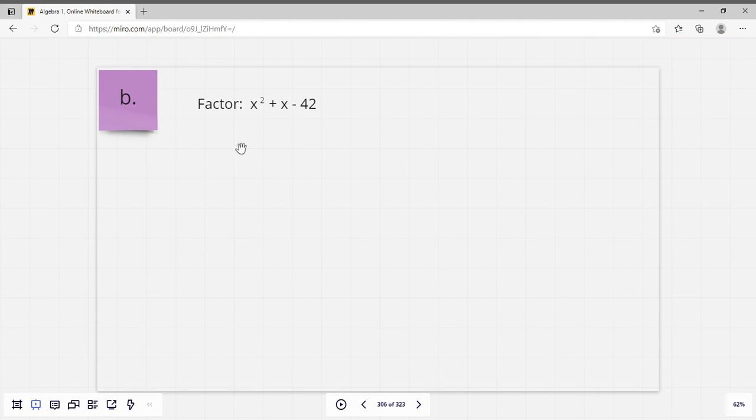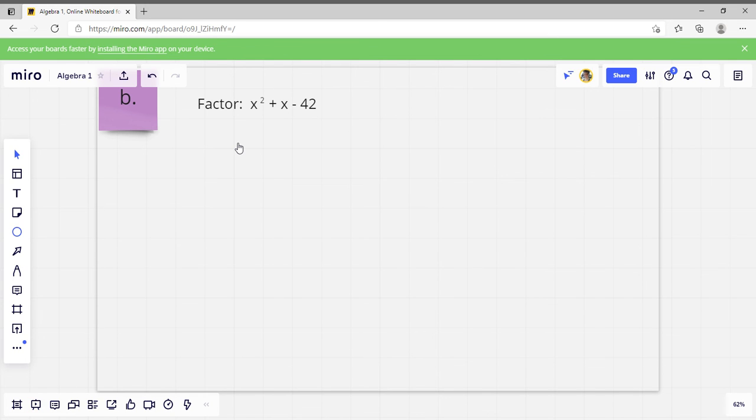Okay, this one. All right, so that is in the right order. It's the exact same problem, but our middle term is positive, so we need a positive 1. So we could just draw our parentheses. And our first term is x in both of these. And we know 6 times 7 makes 42. And we need it to be negative 42, so one of these needs to be negative.